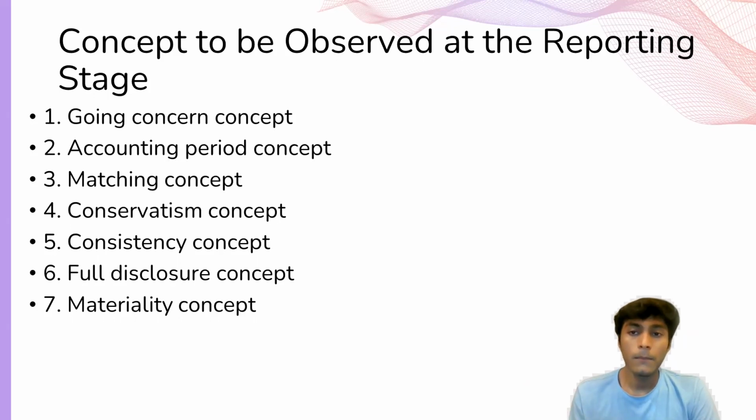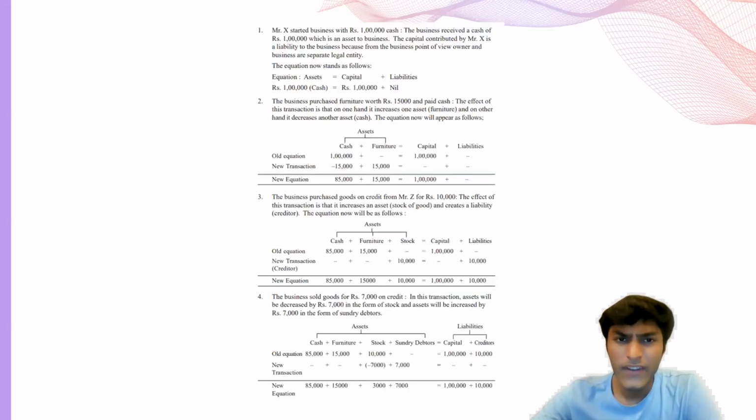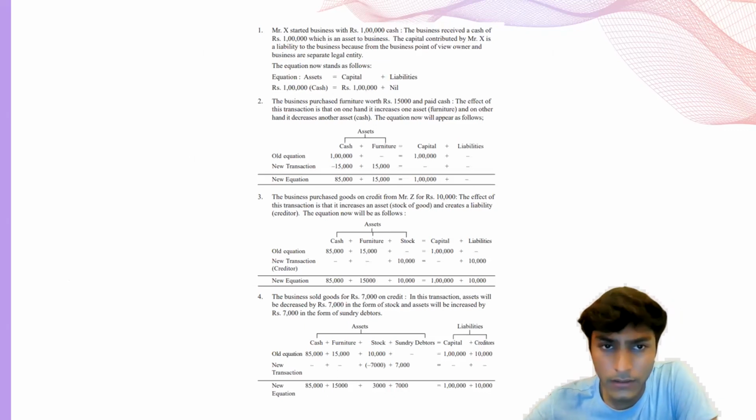So these are the generally accepted accounting principles that we follow: the going concern concept, accounting period concept, matching concept, conservatism concept, consistency concept, full disclosure concept, and the materiality concept. One thing we need to focus on once again is that while creating each and every entry, we were focusing on making sure that, at the end, the standard equation has been matched.